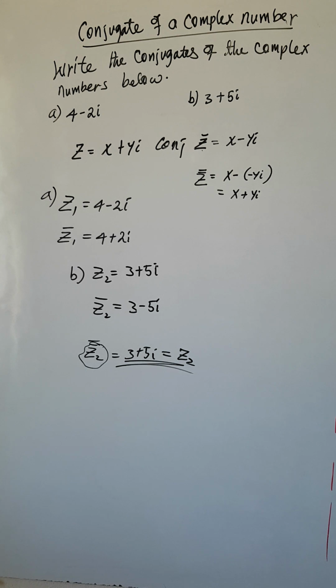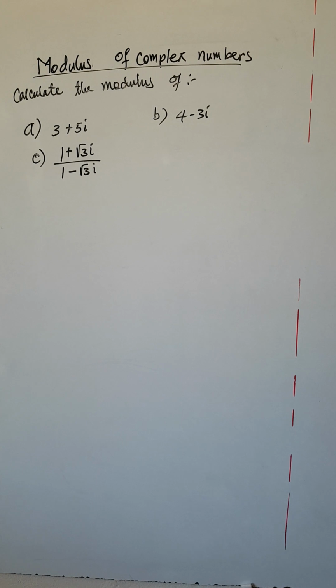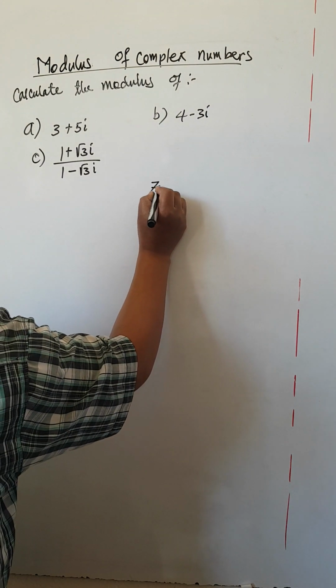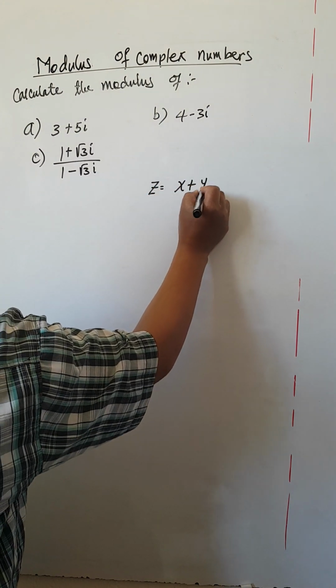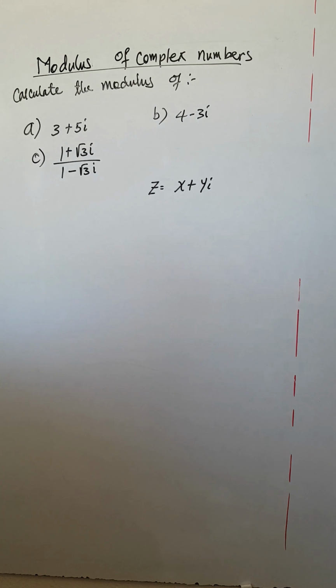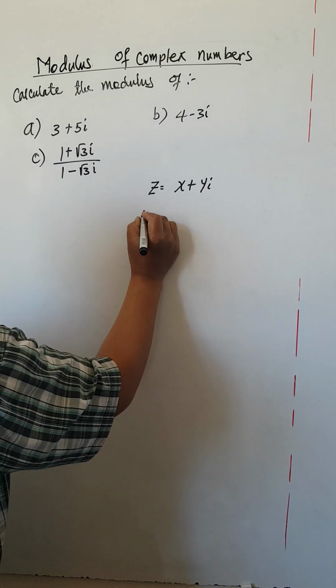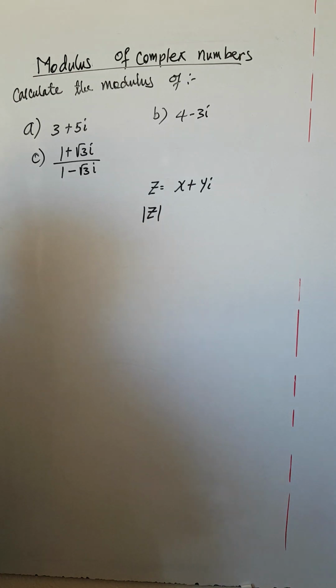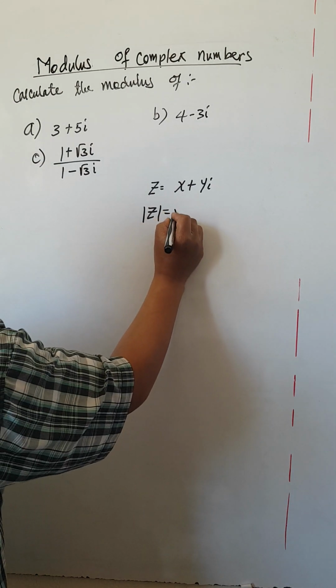Now here it's better to add the modulus of complex numbers. For any complex number z, which is represented as x plus yi, the modulus of this complex number is represented as the absolute value of z, which is equal to r.